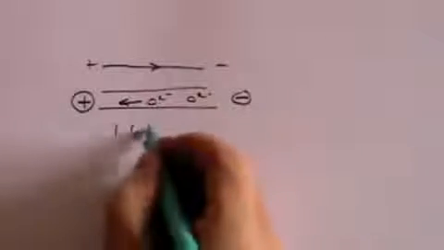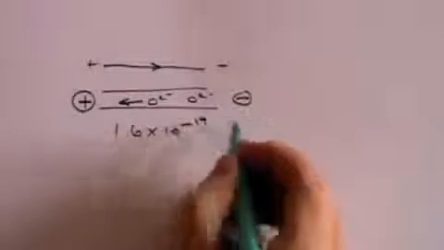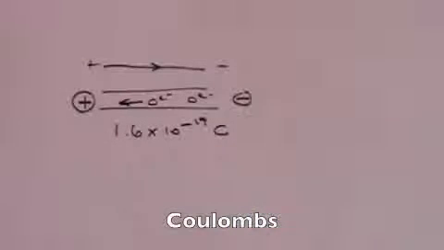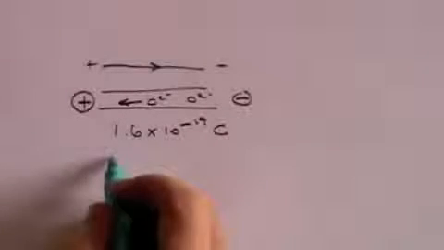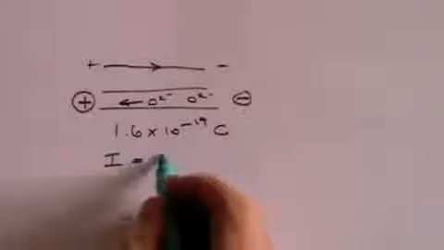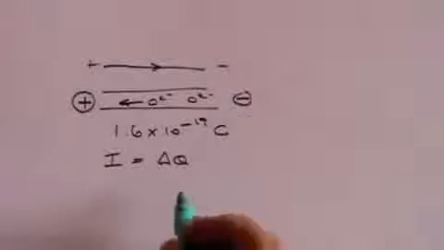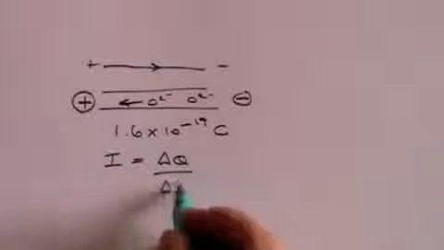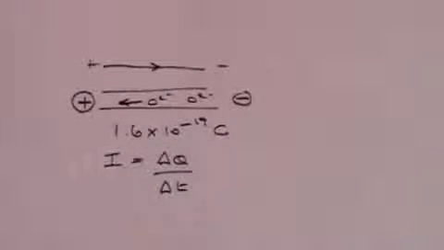Each electron carries a charge of 1.6 times 10 to the minus 19 coulombs. And current is simply the flow of charge. Specifically, current is the amount of charge flowing in a particular amount of time.